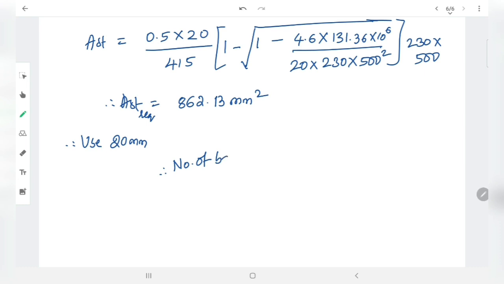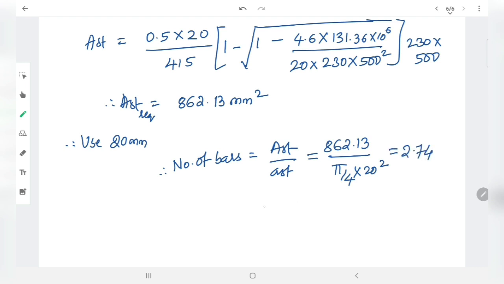So number of bars is equal to capital AST divided by small AST. Capital AST is AST required, and small AST is the area of 1 bar. That is 862.13 divided by pi by 4 into 20 square, as I am using 20 mm dia bars. So we got the number as 2.74, so I will make it 3 numbers.